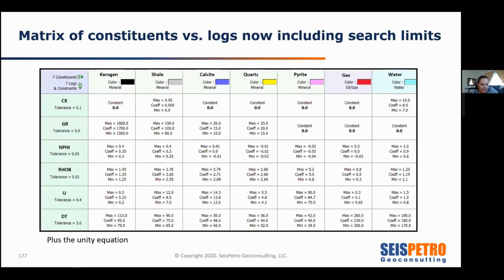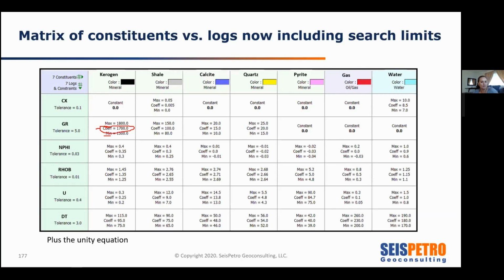Basically what we are doing now is that instead of setting up only the coefficient, it is much more important to set up the minimum and the maximum. And why I say that is because one of the tests the software is going to do is with the coefficient that we set up.